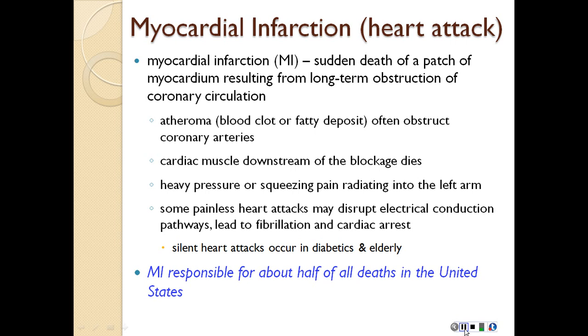Myocardial infarction is the sudden death of a patch of myocardium resulting from long-term obstruction of coronary circulation. Angina pectoris usually occurs ahead of myocardial infarction, and myocardial infarction is responsible for about half of all deaths in the United States.